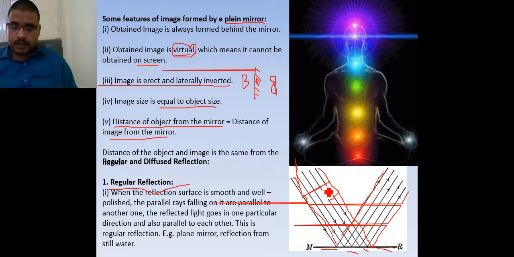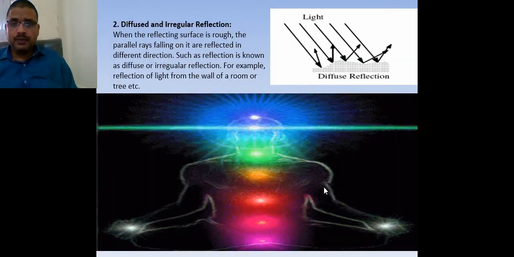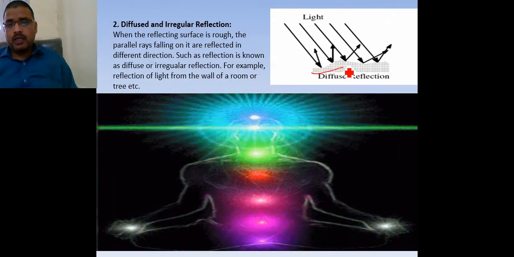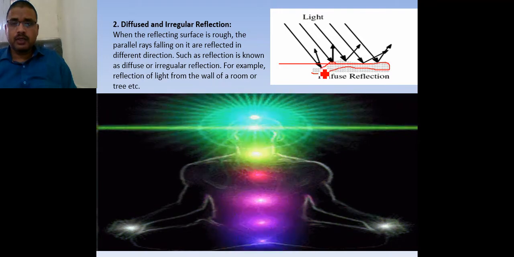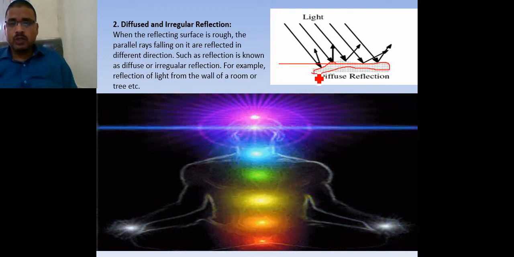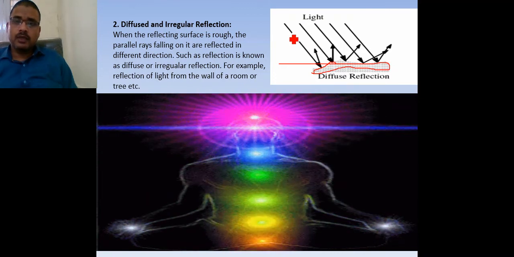And if there is a surface called a rough surface, you can observe that this surface is not smooth. What happens when incident rays strike parallelly on this surface?